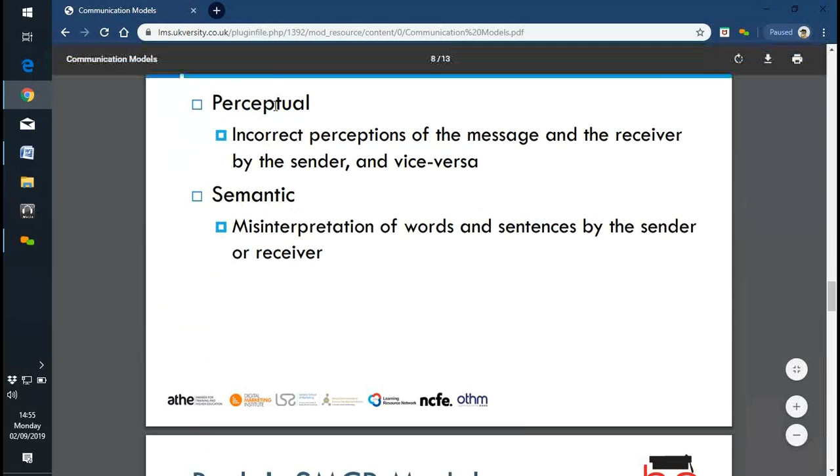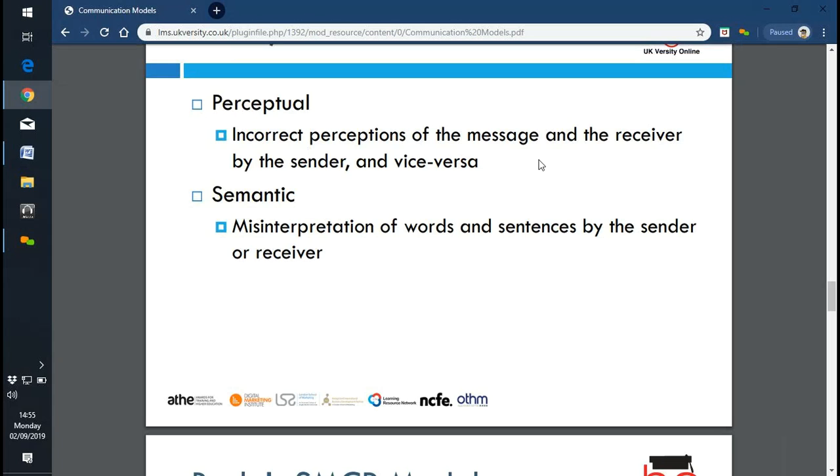And perceptual, that is misunderstandings or incorrect perceptions of the message and the receiver by the sender, and vice versa. In other words, using words which the other person perceives to be different from what they actually are, maybe because of the manner in which they were spoken.